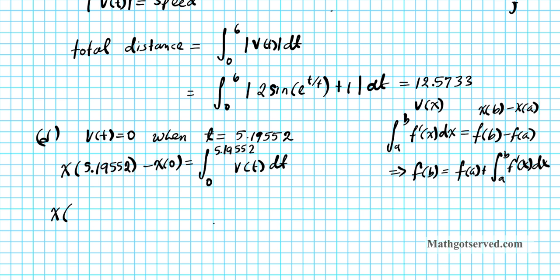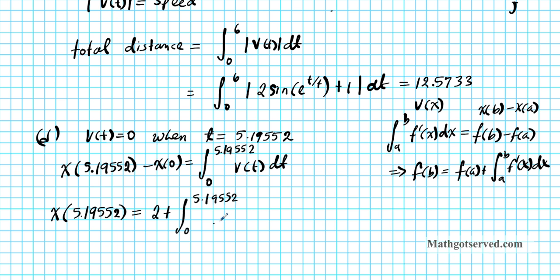So I'll have x of 5.19552 equals x of 0. We already know that is 2 in the problem, so 2 plus the integral from 0 to 5.19552 of the velocity function. Let's see what's the velocity function.